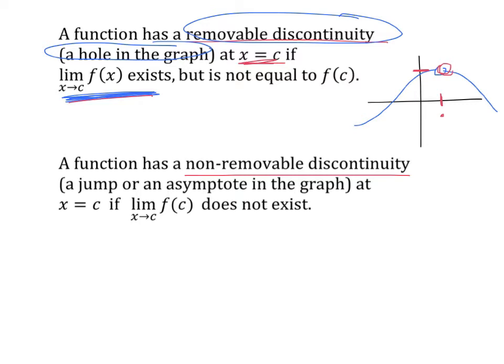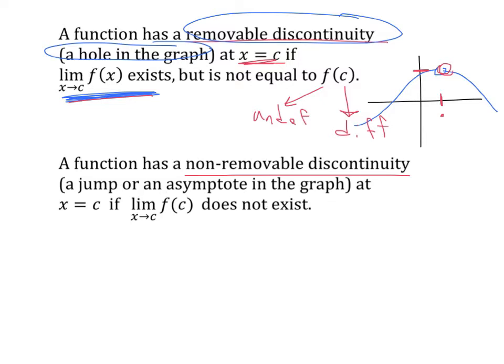So removable discontinuity means the limit exists, but it's not equal to the value of the function. Either the function is undefined, or the value of the function is simply different. Okay, so that's what a removable discontinuity is.